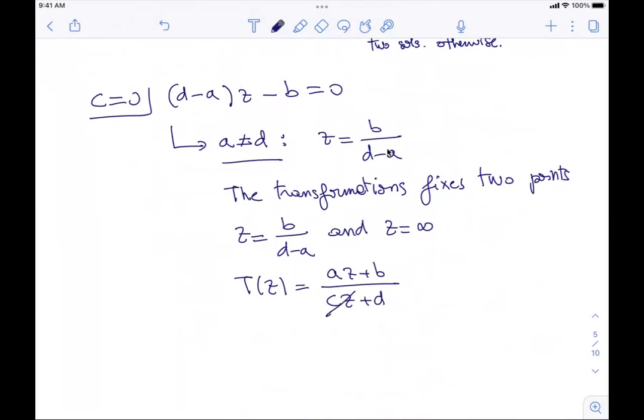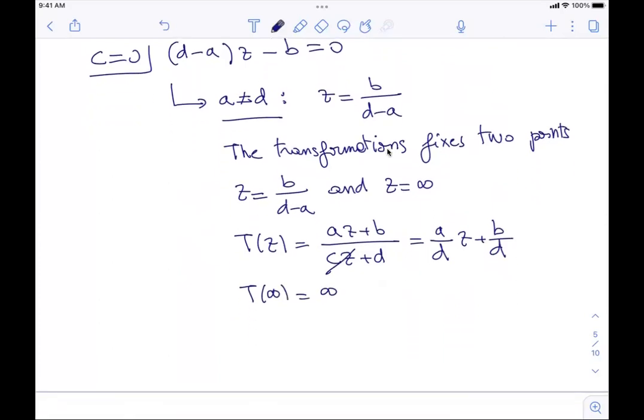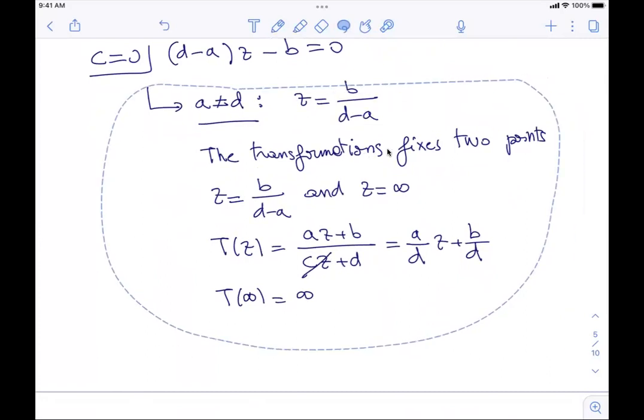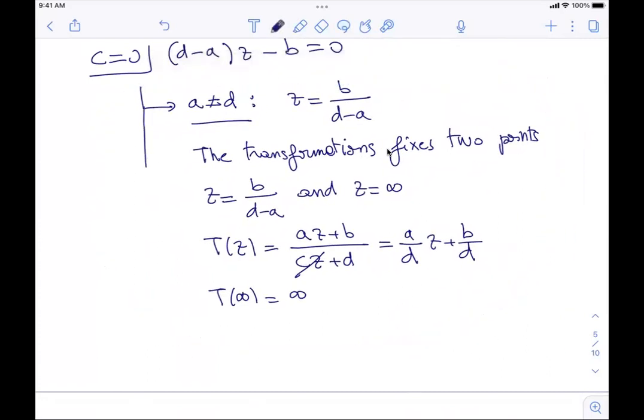This term is not there, okay? So that means this is (a/d)z + b/d. So T of infinity equals infinity. Okay, and then we can also check that this point remains fixed. But that's only the first case. There are two cases here.